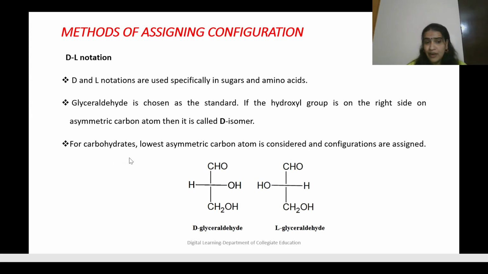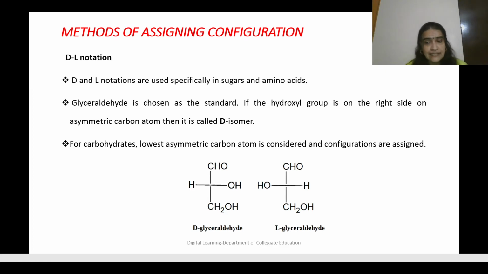So for carbohydrates, the lowest asymmetric carbon atom is considered and configurations are assigned. What is happening in carbohydrates? There will be many carbon atoms. For example, glucose is a hexose where we have CHO, CHOH four times and finally CH2OH. So there are many chiral carbon atoms in that.